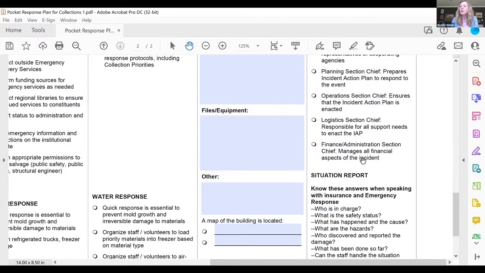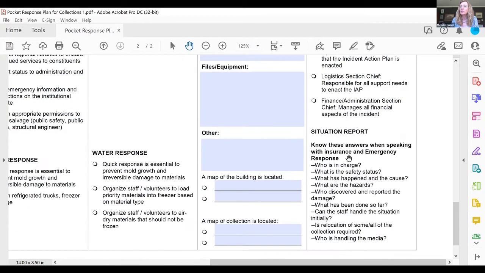And then, you know, you might not have to do this. You might not have to speak to insurance and emergency response, but these are what people would ask. Who's in charge here? There's been a fire. Who would be in charge? What is the safety status? Is it safe here? What has happened and the cause?